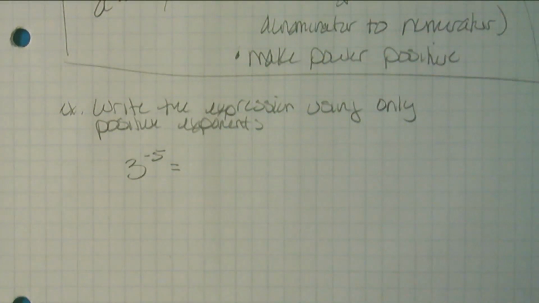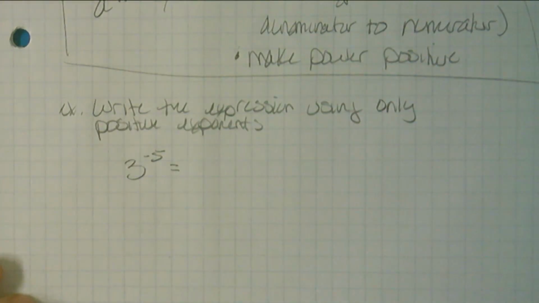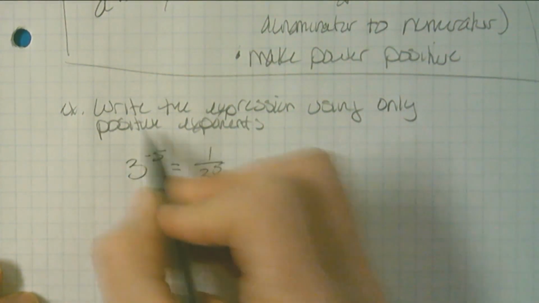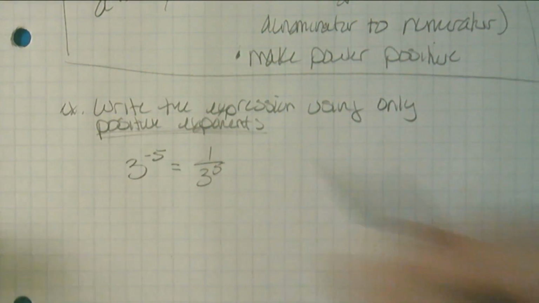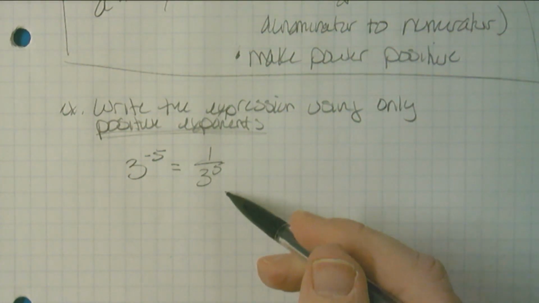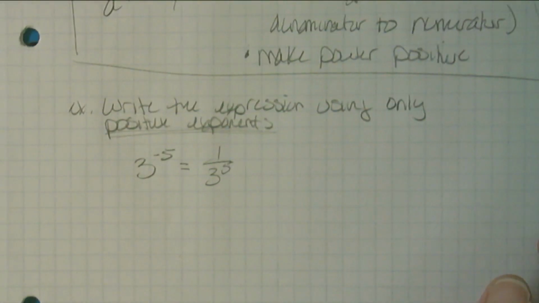What is that going to look like with a positive exponent? Addison? 1 over 3 to the 5th. Because it said with positive exponents, I'm not going to put that in standard form. So I don't need to go any further. If it said simplify, I would do 3 to the 5th power.